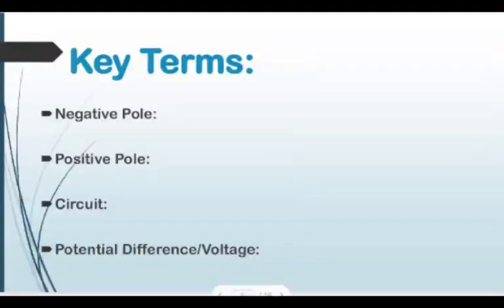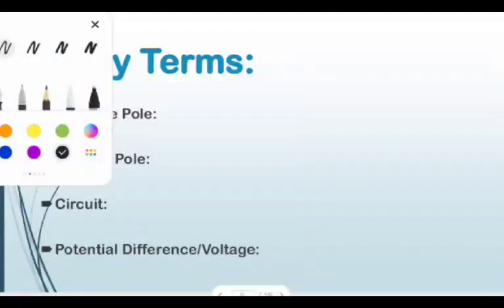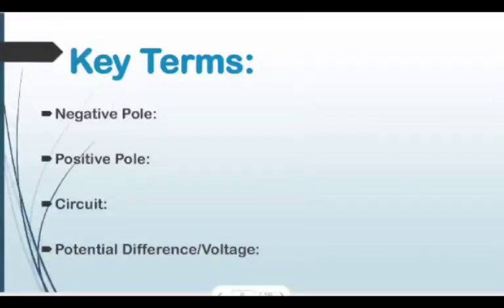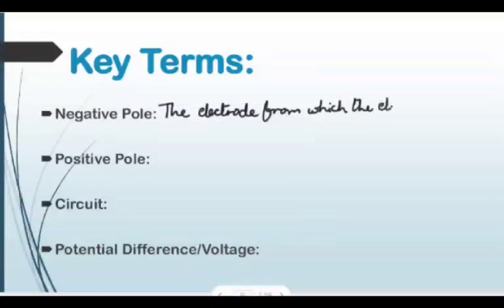Next, we come to the negative pole. Negative pole, remember, the shorter one. This one is the negative pole, or the negative terminal, or the negative electrode. The electrode from which the electrons emerge.